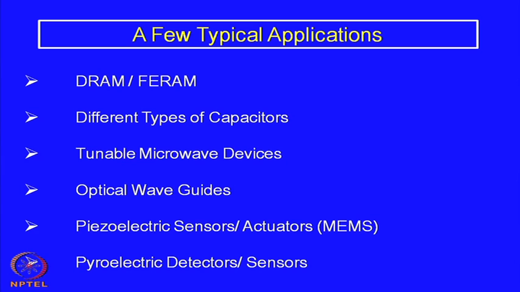There are many miniaturized systems available in the MEMS area, both sensors and actuators. Of course, we will find later on that piezoelectricity and ferroelectricity are very interrelated. Barium titanate, for example, is also a piezoelectric material. The piezoelectric coupling coefficients may be slightly different, but otherwise barium titanate is also a good piezoelectric material.